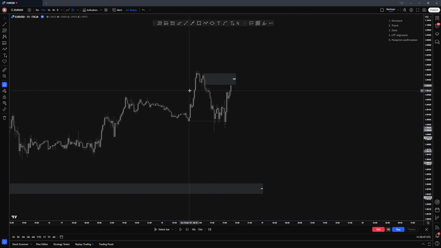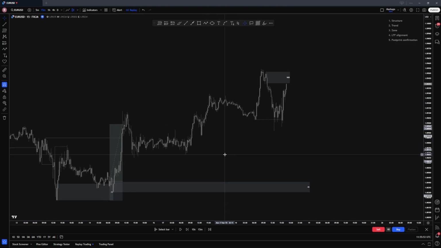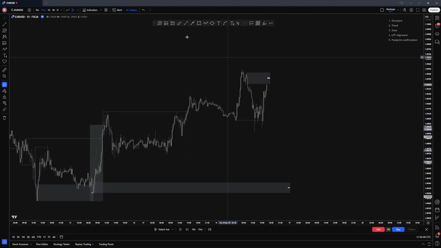We can see what we had is a break in minor structure. The swing structure would be something more like this. Let me just quickly draw the swing. If we wanted to wait for swing structure, we'd have to wait for price to come all the way down to this level and then pull back and continue down.